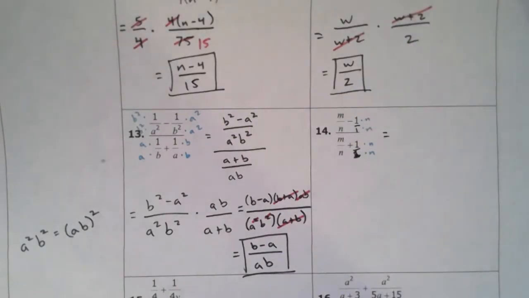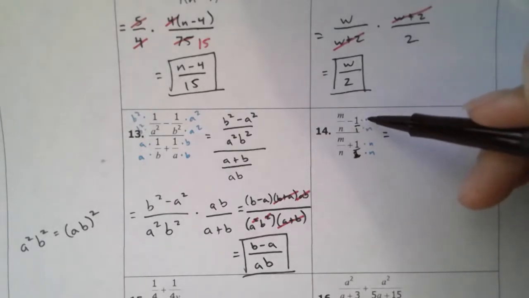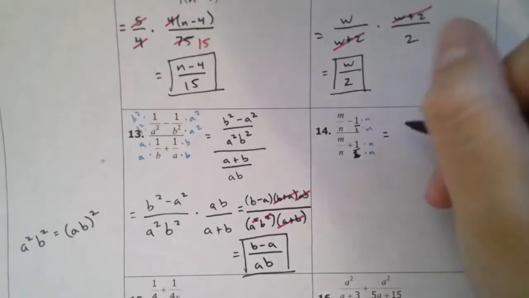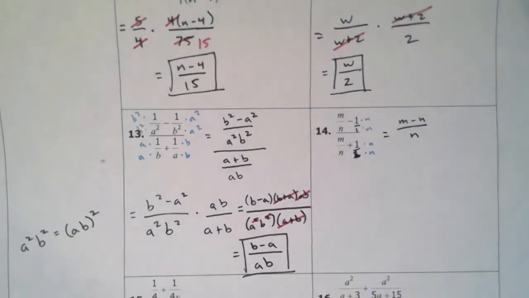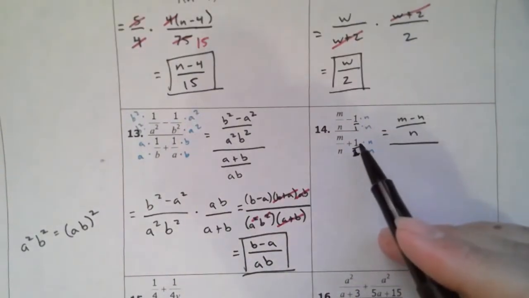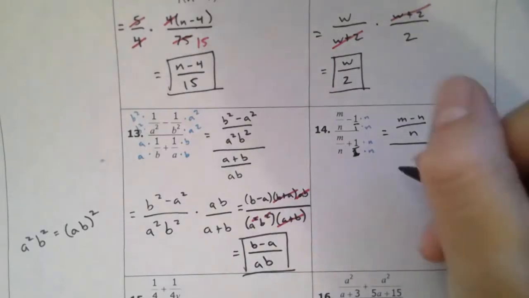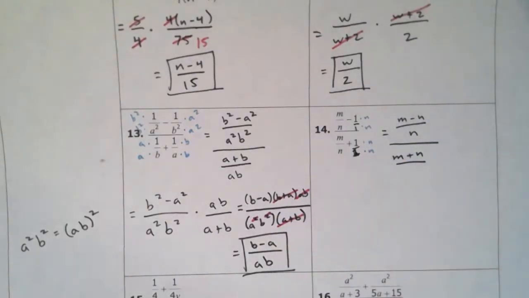So the top one becomes m minus 1 times n, which is just n, so you get m minus n over n, because now they have the same denominator. Over 1 times n here is just n, so m plus n over n.